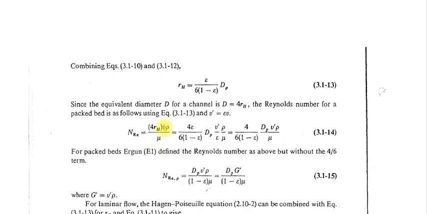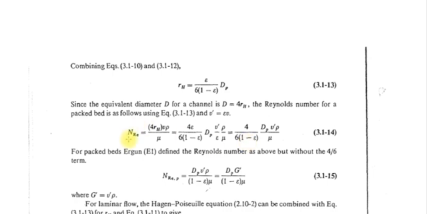When you substitute V as xi V and RH equal to xi by 6 times 1 minus xi times dp, you get the Reynolds number as 4 by 6 times 1 minus xi times dp V dash rho by mu. So this is the value of the Reynolds number in the packed bed.